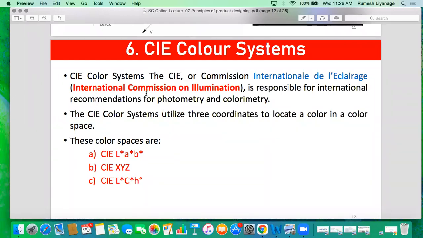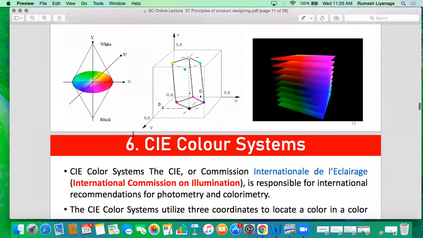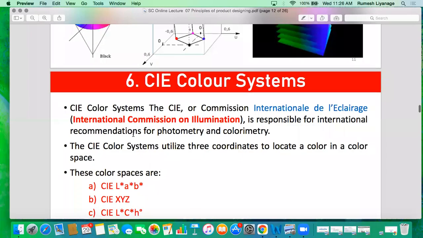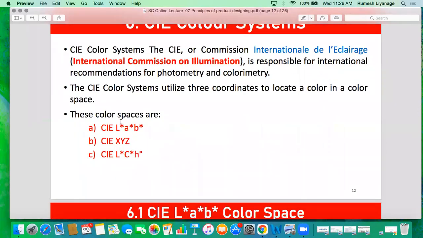CIE means International Commission on Illumination, right? There are 3 color spaces under CIE. Up to now we have discussed 5 color spaces, and there are 3 color spaces to discuss: CIE LAB, CIE XYZ, and CIE LCH.